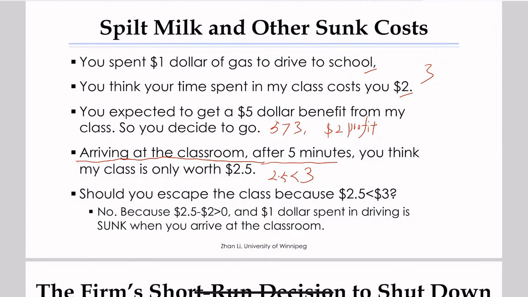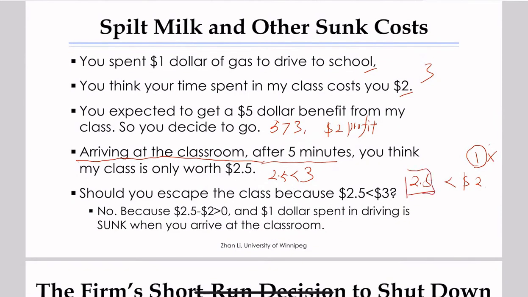Well, you should not, because you should only compare 2.5 with your $2 variable cost. This $1 cost of coming to the university is a sunk cost, right? You cannot recover this $1. So you can see that in this case, as long as the revenue is larger than the variable cost, then you should not skip the class, right?